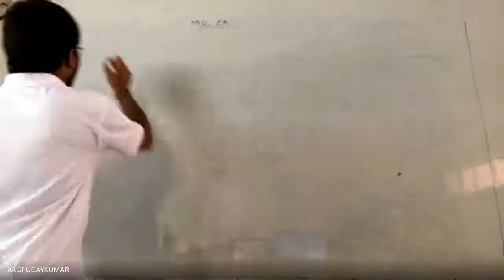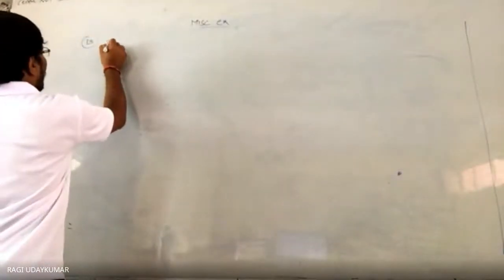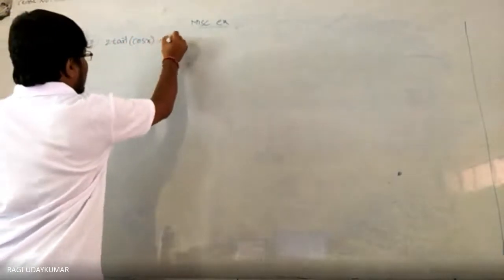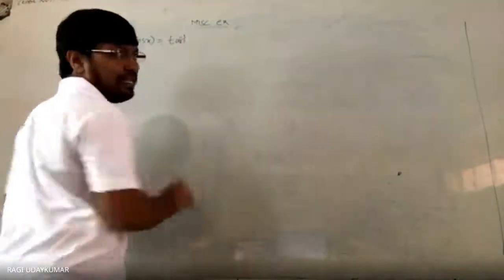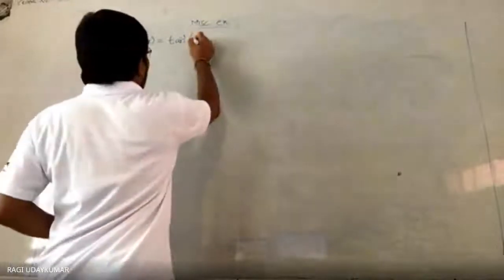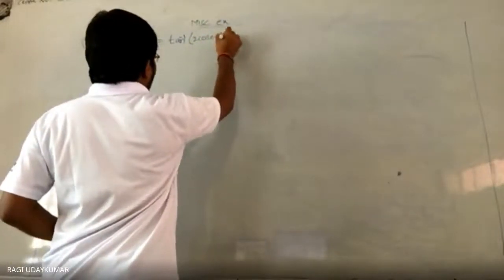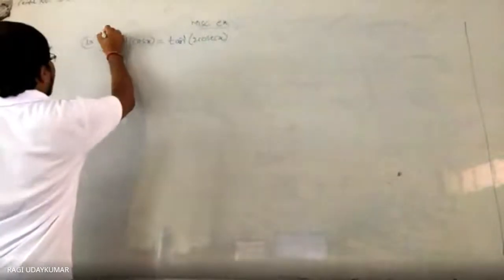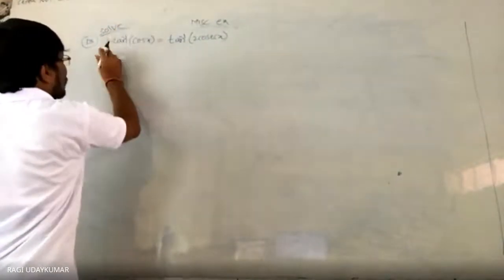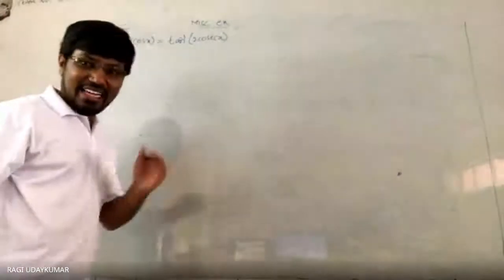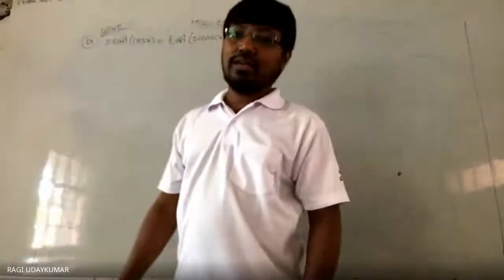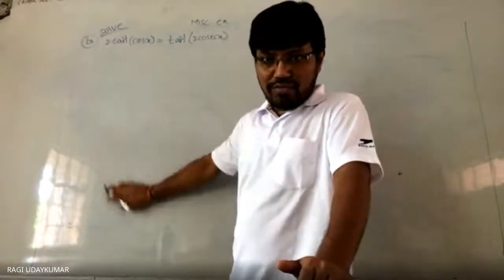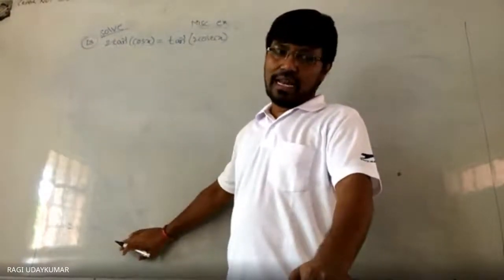So what is the question number? 13, right? 2 tan inverse cos x is equal to tan inverse 2 cosec x. Here the question is asking you to solve it. It is not asking you to prove this one equal to this one. Solve is nothing but you need to find out the value of x.